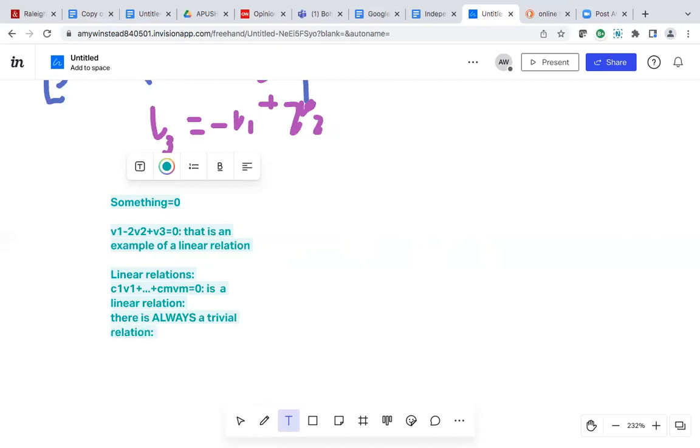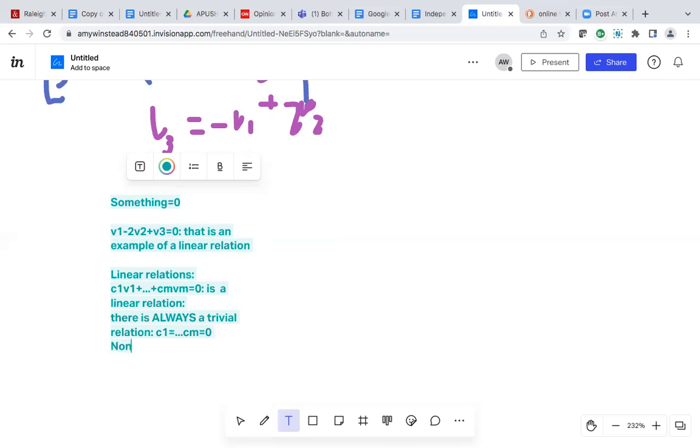That's a relation where C1 all the way up through Cm is equal to 0, right? And for every single set of vectors, that's going to be true, right? Every single time you've got a scalar of 0, no matter what the situation is, that's going to equal 0.